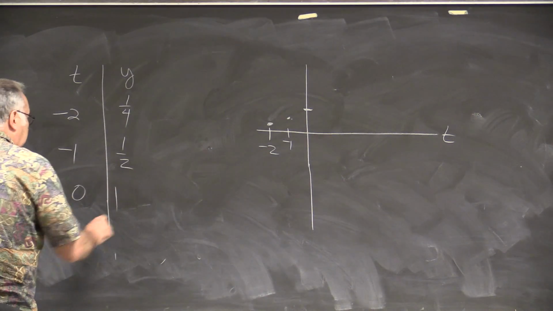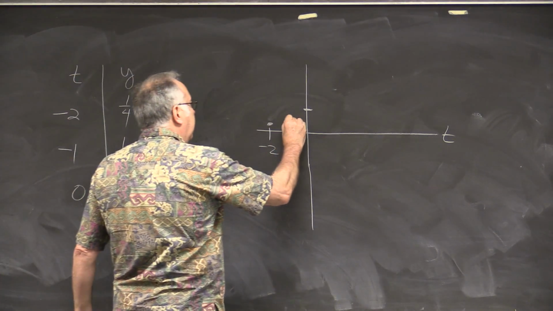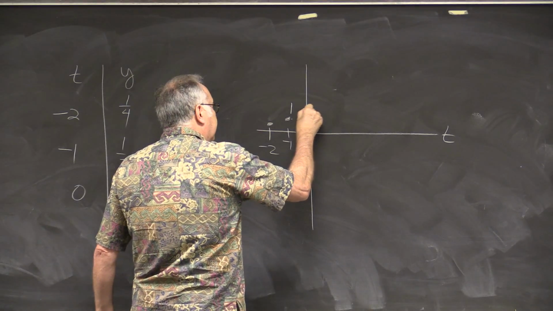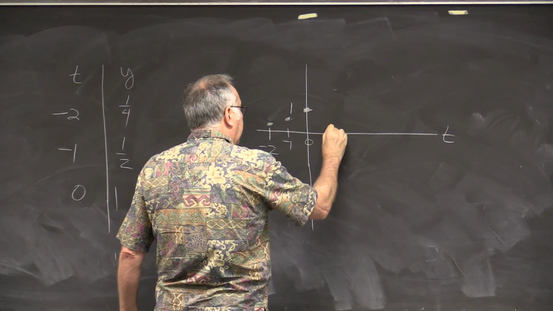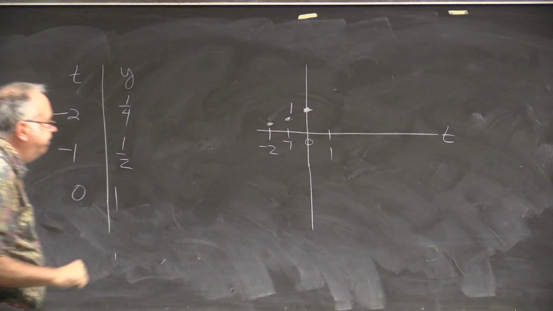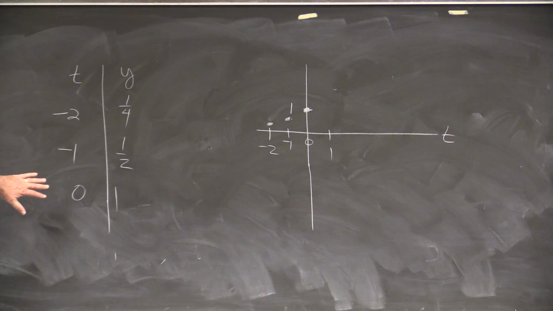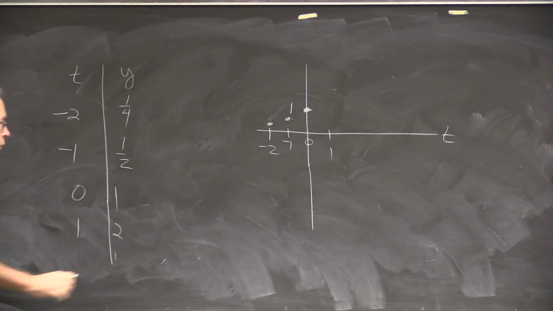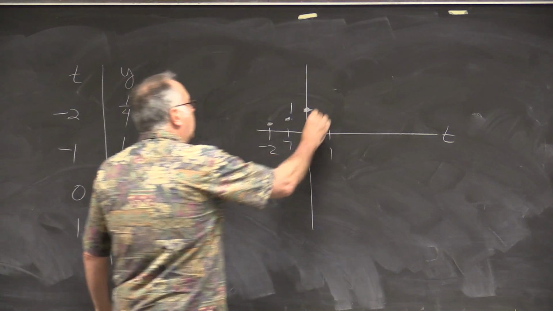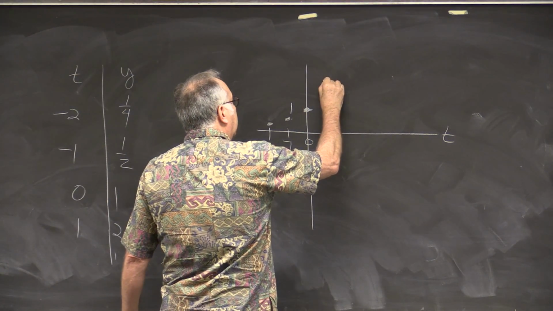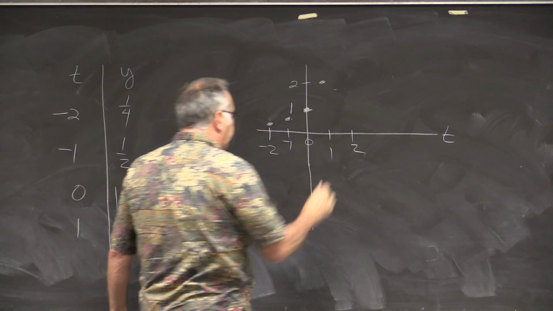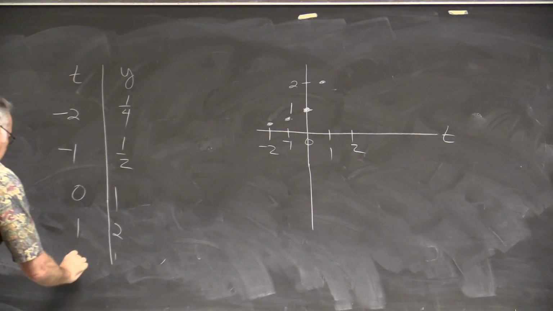So this would be this point right here. Okay, so t equals 1. 2. 2 to the 1 power is going to be 2. And that one would be up here. And t equals 2, that's the last one we'll do. 4.